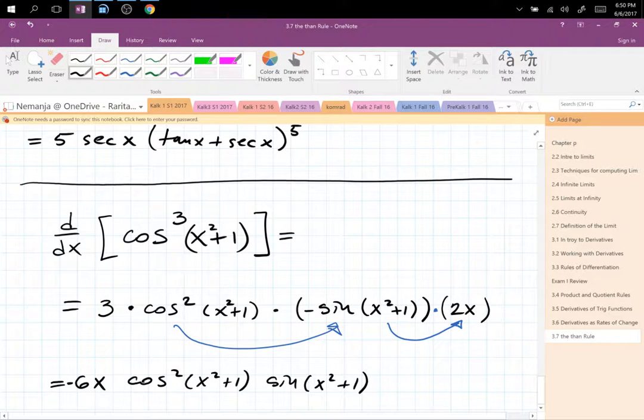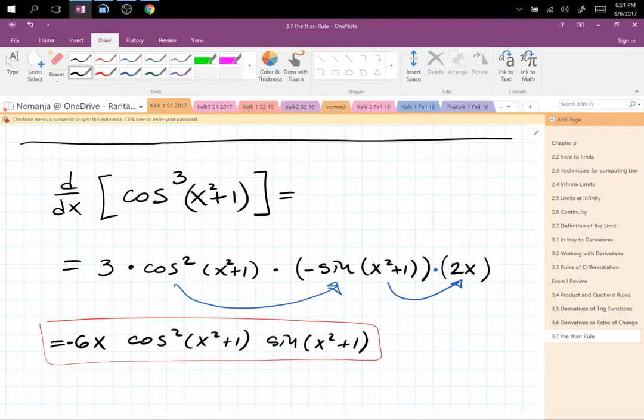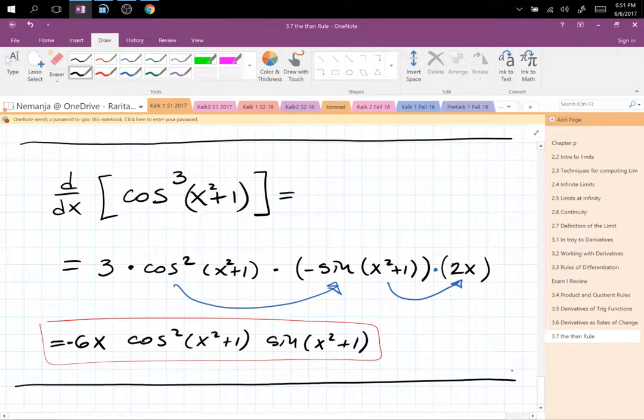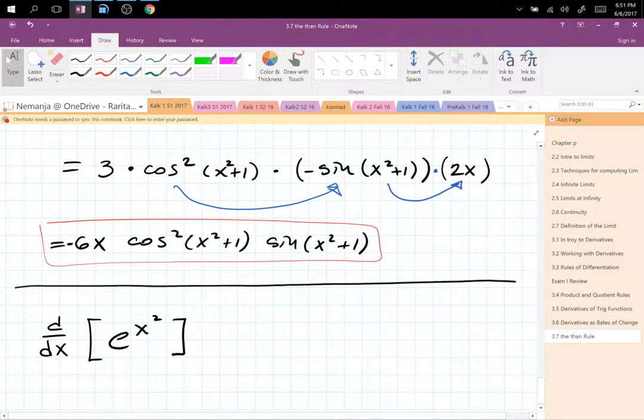Now there are more things you can do, but this is good enough. The derivative of e to the x squared.